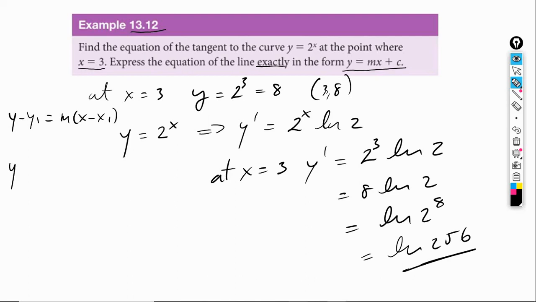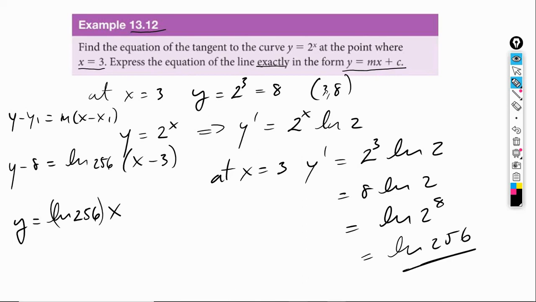So we write this as y minus 8 is equal to natural logarithm of 256 times x minus 3, and then if we rearrange this, we're going to get that y is equal to natural logarithm of 256 times x, let's put this in parentheses, plus 8 minus 3 natural logarithm of 256.